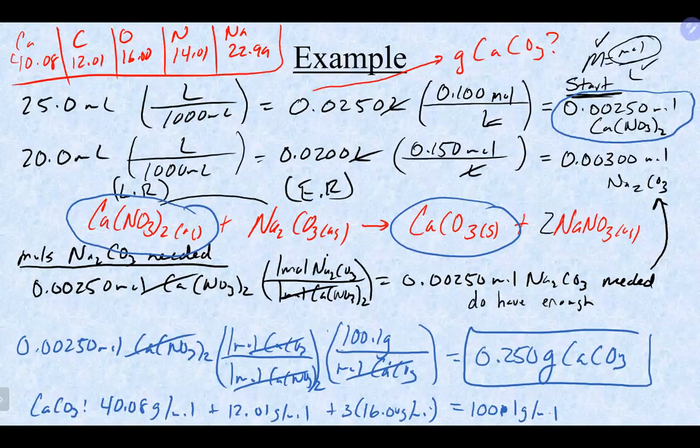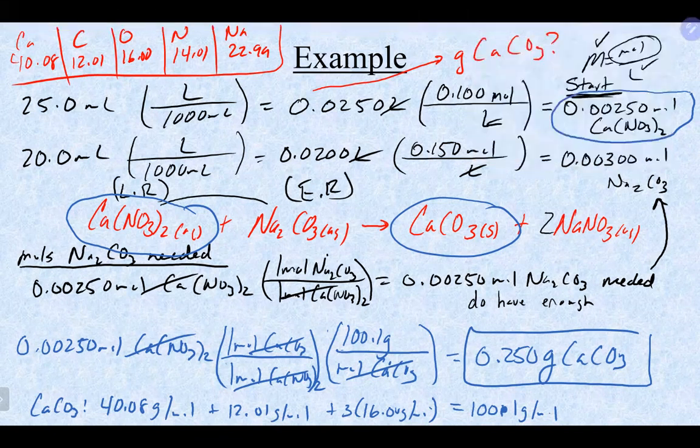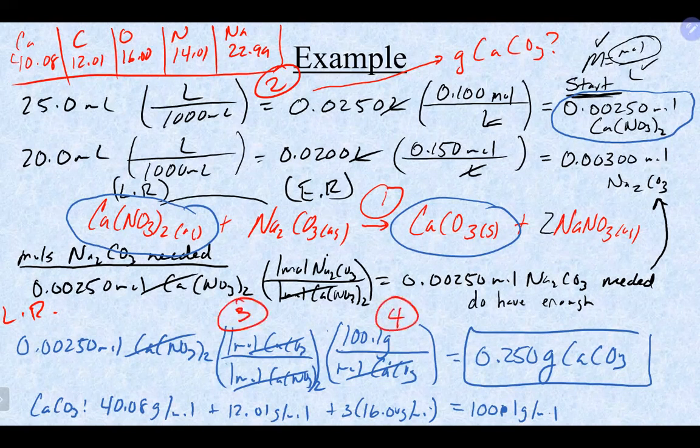Any questions on any of those steps? Again, a lot going on, but it really does fall back to our basic stoichiometry steps: balance the equation, convert to moles, figure out the limiting reagent, do the mole to mole relationship, and then convert moles to some other units.